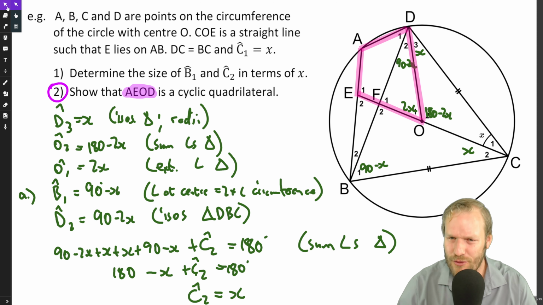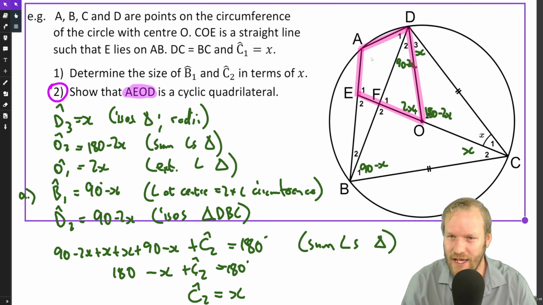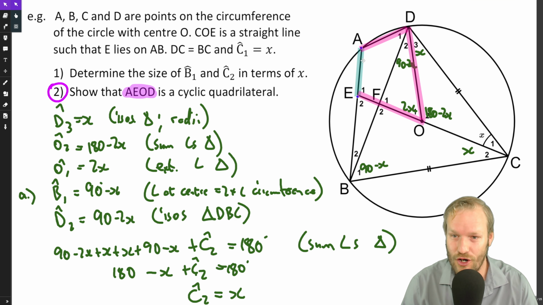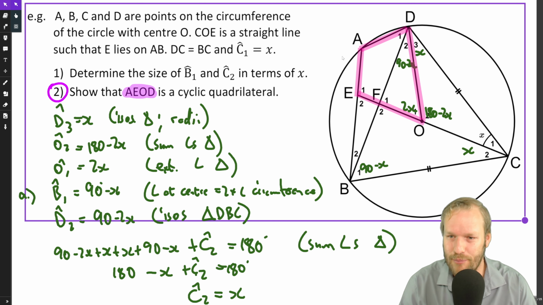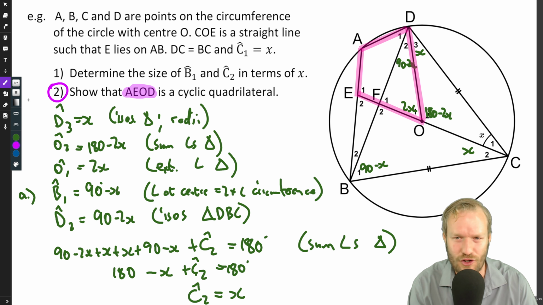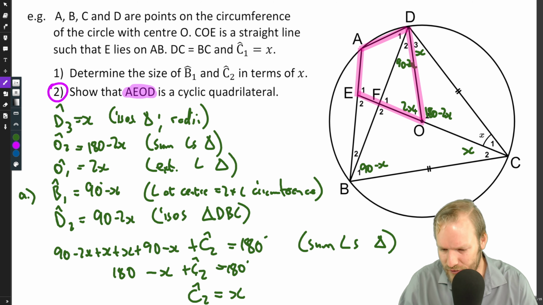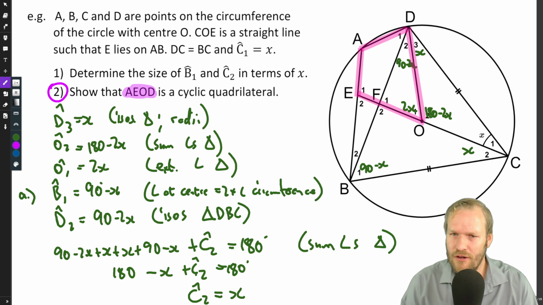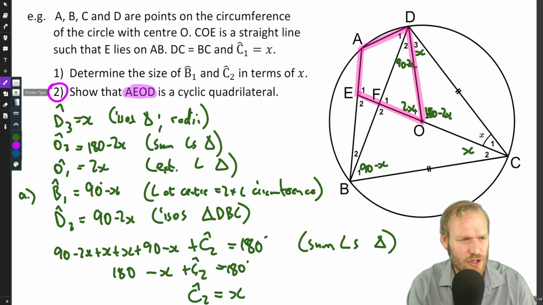AEOD. So we need to show, if we could find out what A is, we'll be sorted. And hopefully A ends up being 180 minus 2x. So let's have a look at how we can find out what angle A is. What my trick earlier was, let's look at A and work backwards.